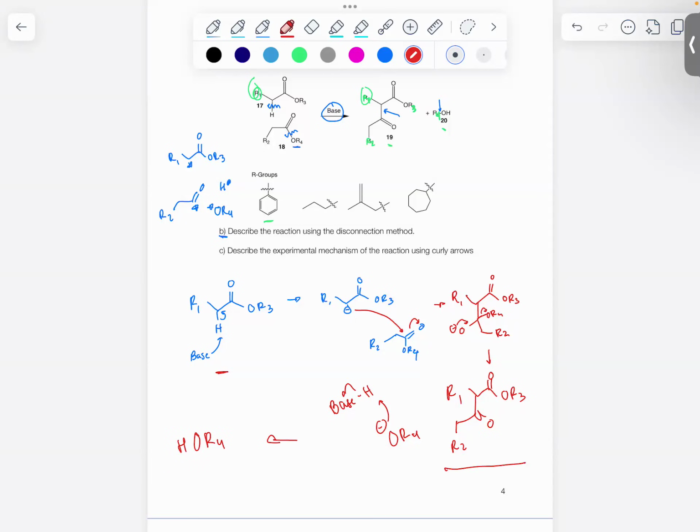So we have our big product and our smaller product. Now, I don't say major and minor because we would make these in the same ratio, but big in relative size.